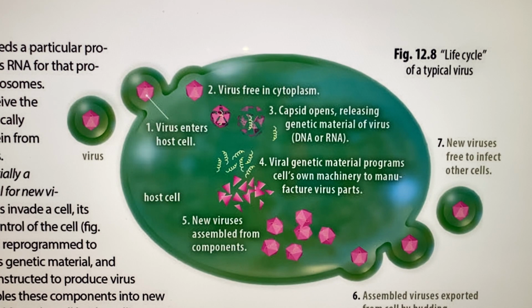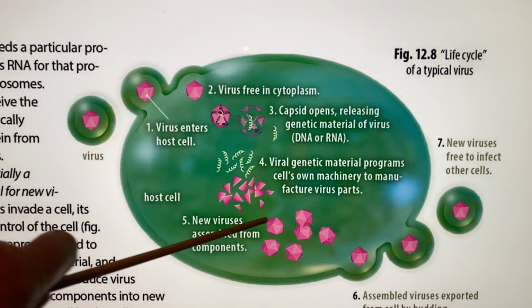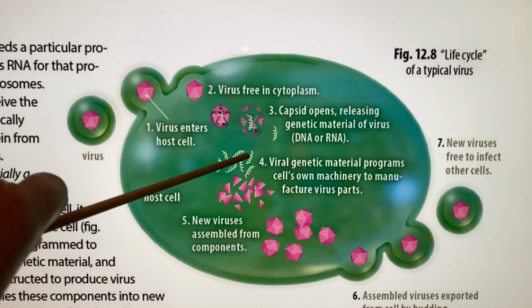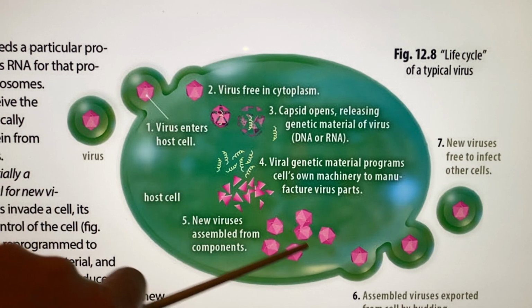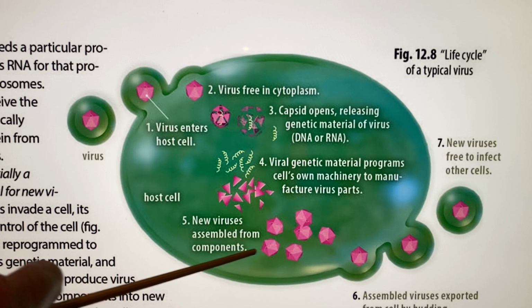The viral genetic material programs the cell's own machinery to manufacture. So it makes the cell manufacture the virus parts. It interrupts the cell. Then the new virus is assembled from these components. So they find the cell's own machinery, and they make their new viruses here.